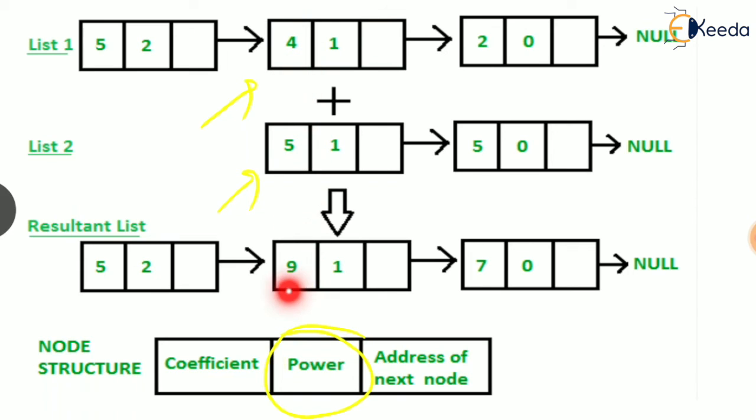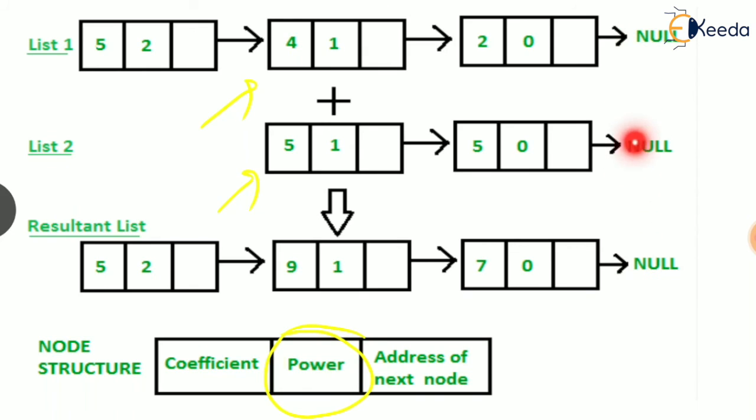So we are adding the coefficients, that is 5 plus 4 is equal to 9, and the power is carried forward. Now again we move to the next term, the condition is the same, the power is the same, and so we add these two coefficients also into the resultant list, and after that there is a null.